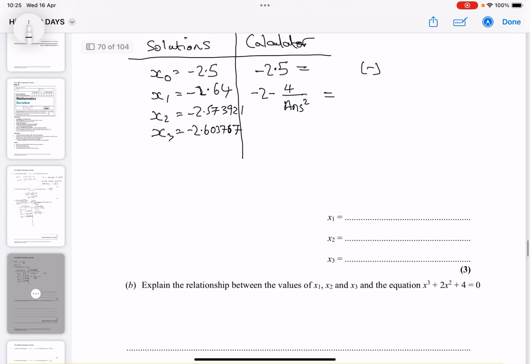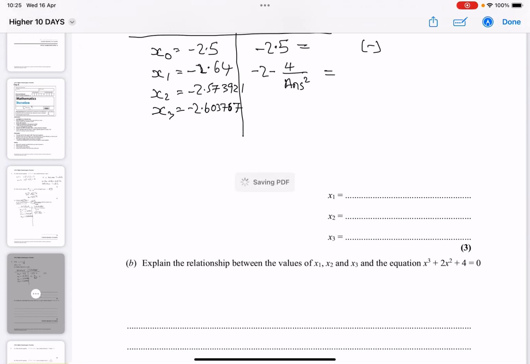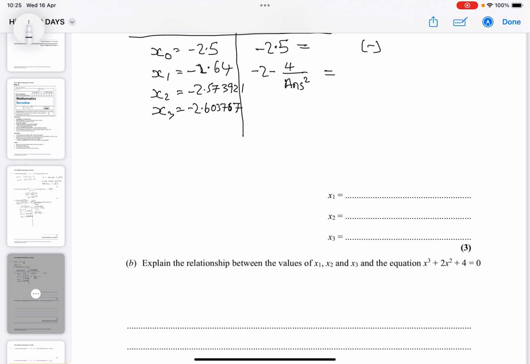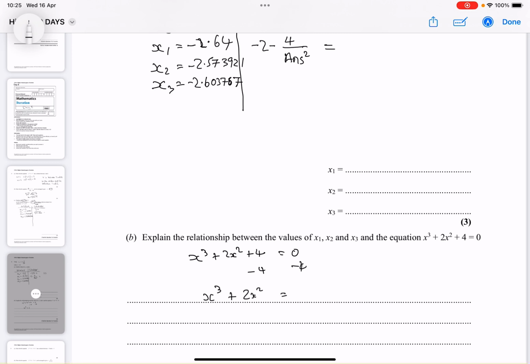So I'm going to take away the 4. So I've got x cubed plus 2x squared plus 4. So the first thing I'm going to do is take 4 from both sides, equals 0, and that gives me x cubed plus 2x squared equals minus 4.